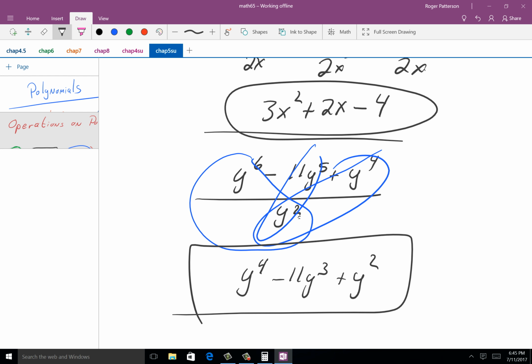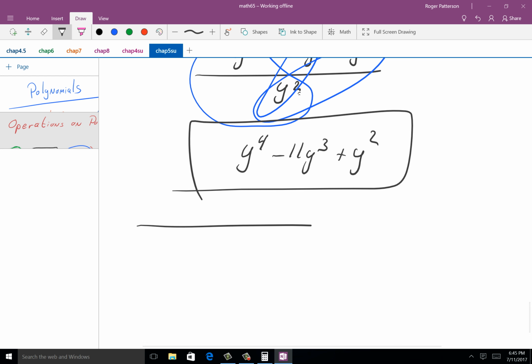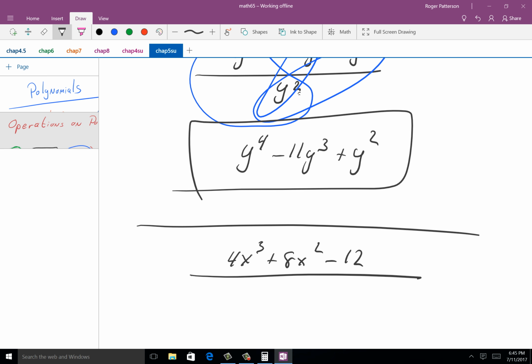But it has to go into all three of them. If you ever get something, and I don't think you will, where you have 4x to the third plus 8x to the second minus 12, and you divide that by 3x, then 3 doesn't go into 4, doesn't go into 8, it does go into 12, but we can't really divide this because it has to go into each and every one of those terms.